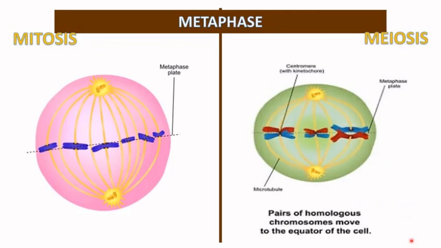In mitotic metaphase, a single chromosome or pair of chromatids line up along the metaphase plate. Sister chromatids are identical, and so the orientation of the chromosome doesn't carry any meaning.